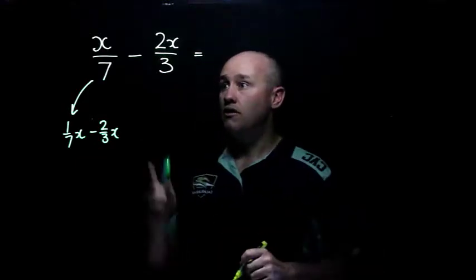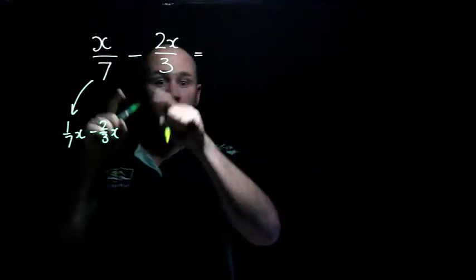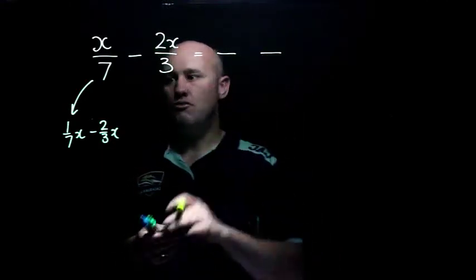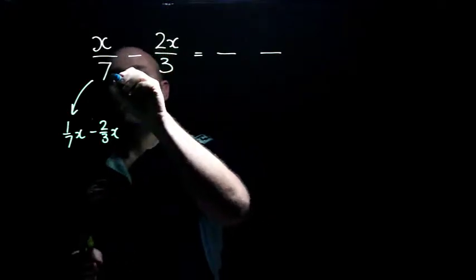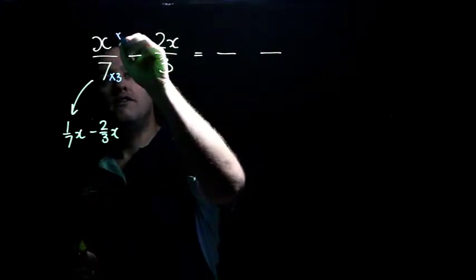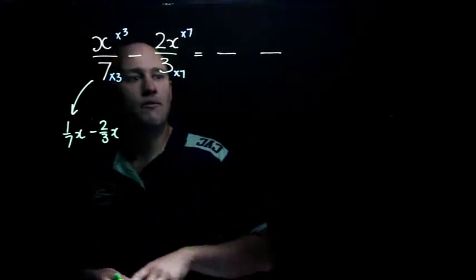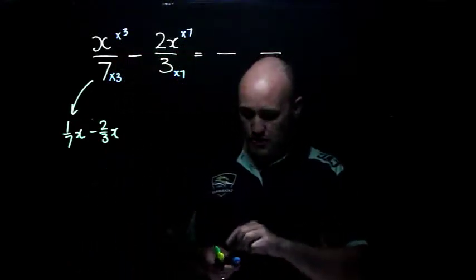So first I want to get this denominator to be the same, and so I'm aiming out to, and I seem to tend towards 7 and 3 for some reason, but I'm going to multiply this by 3 and this by 3 and this by 7 and this by 7, and that will give me a common denominator of 21.